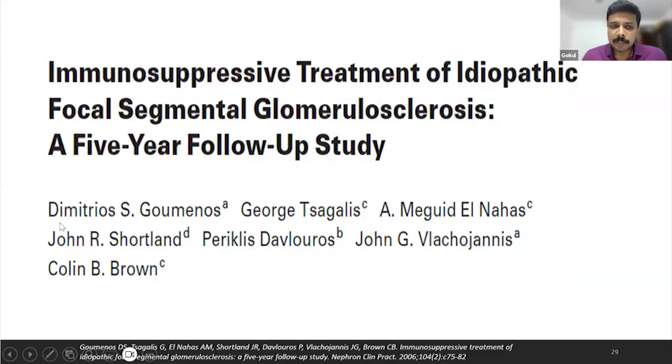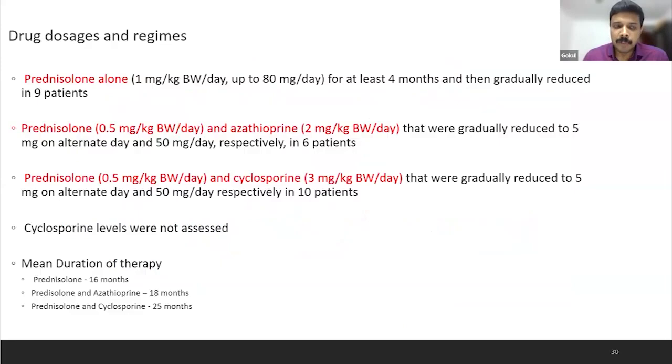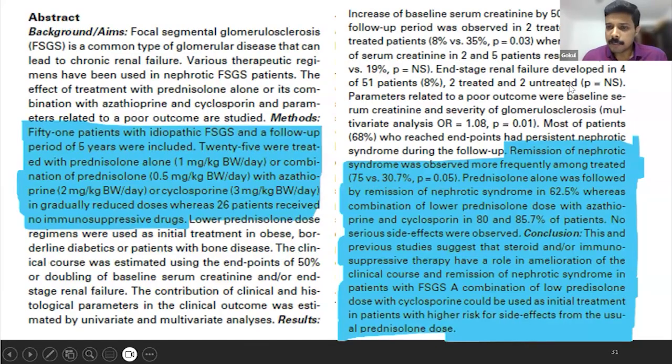And this was one of the earlier studies, by Dimitros et al., which showed that immunosuppressive therapy of idiopathic FSGS is effective. In this study, primary FSGS was randomized to prednisolone alone, prednisolone with azathioprine, or prednisolone with cyclosporine. What was found is that remission was observed more frequently among those treated versus not treated.